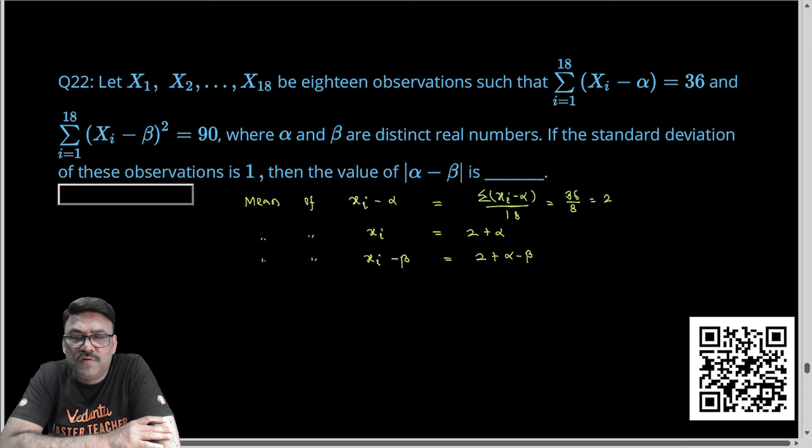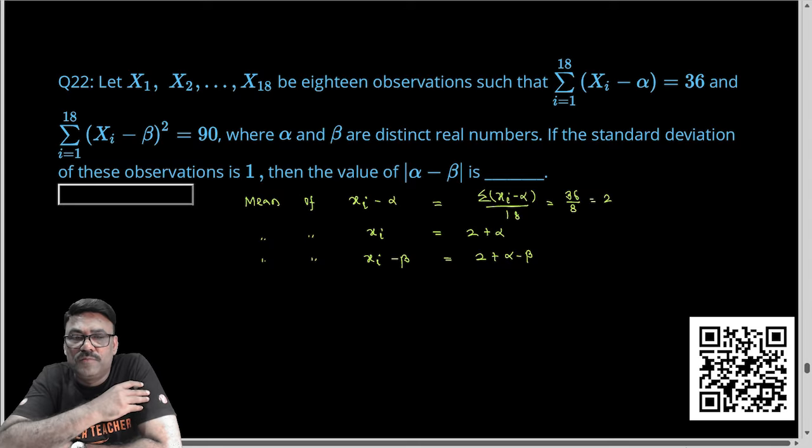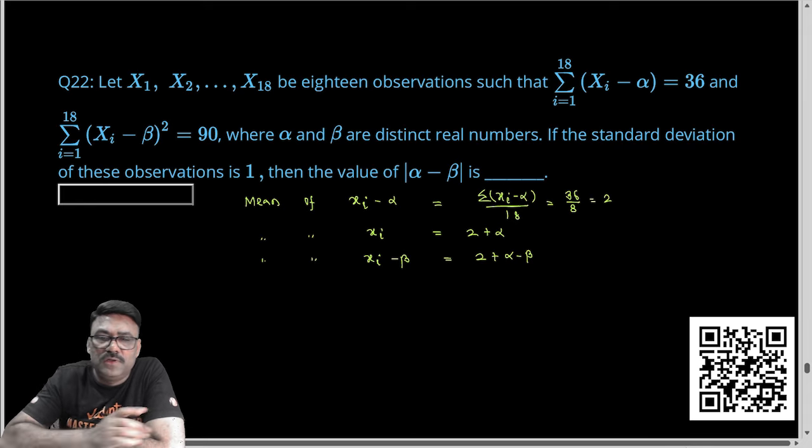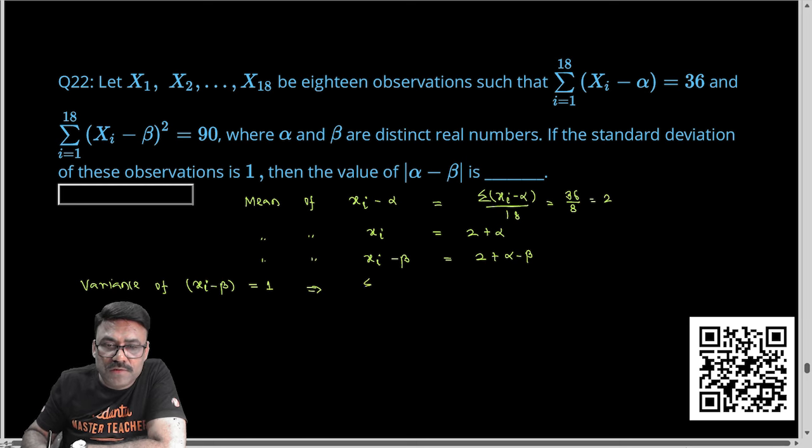And the standard deviation of xi will be the same as the standard deviation of xi minus beta. If you subtract beta from each observation, the standard deviation will remain the same. So the standard deviation or variance of observations xi minus beta is also 1. Now what will be the variance? Variance will be summation (xi minus beta) whole square by 18 observations minus the square of the mean, (2 plus alpha minus beta) whole square.